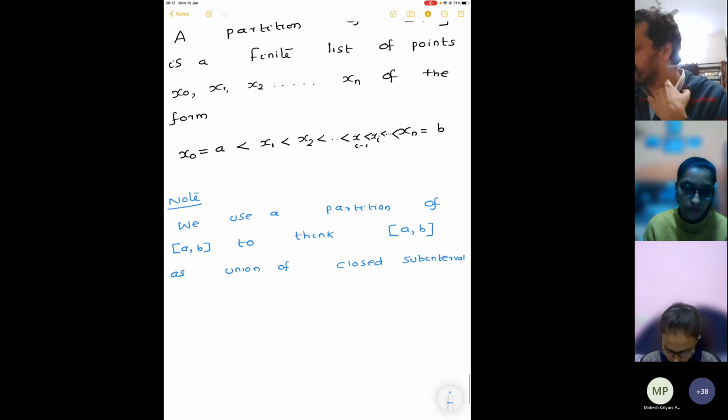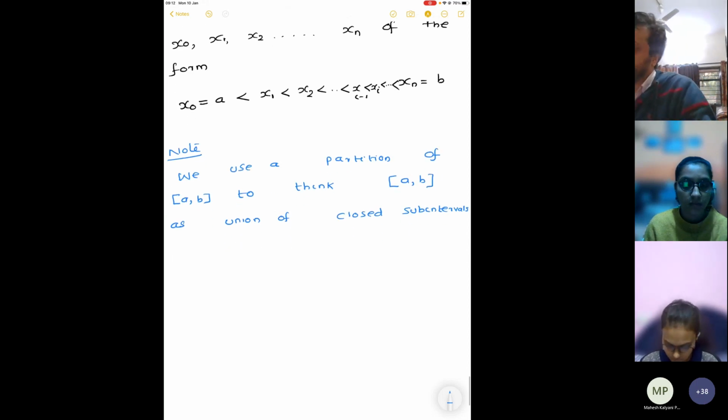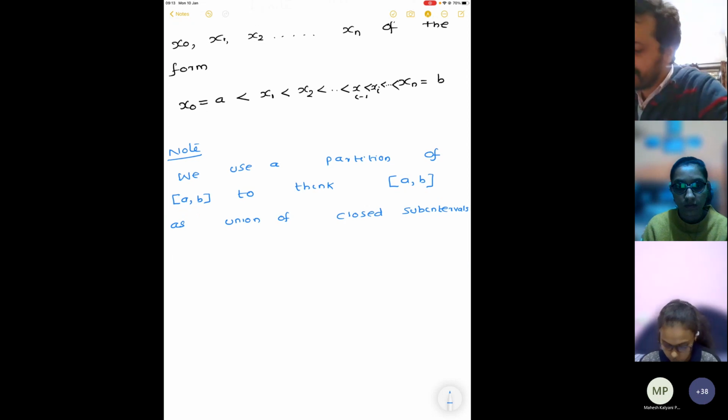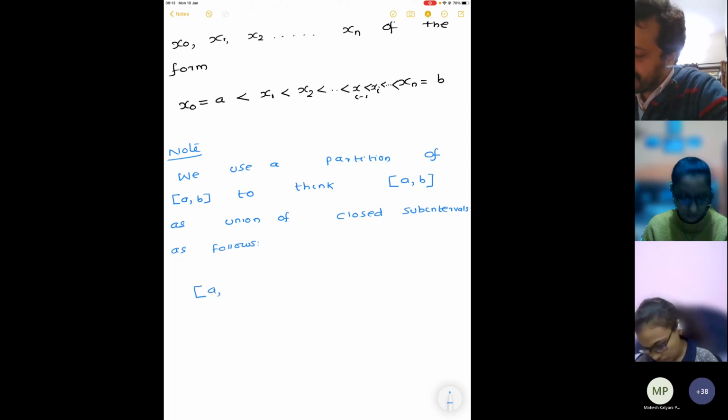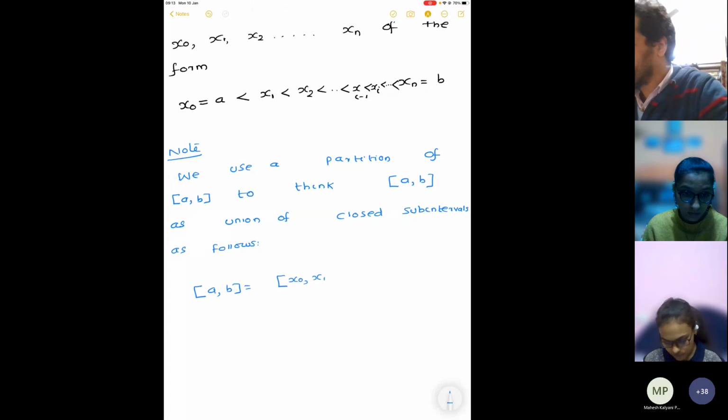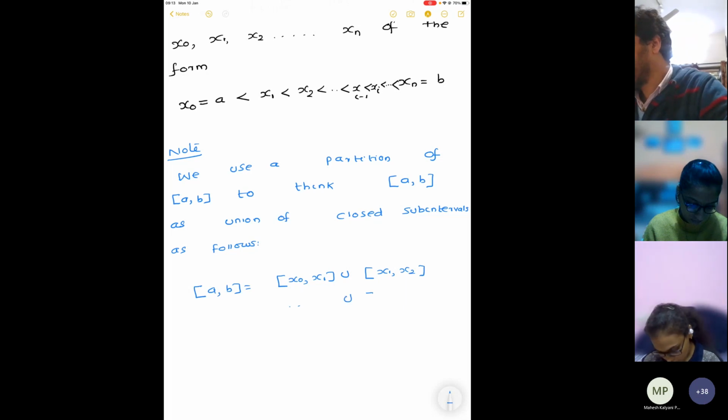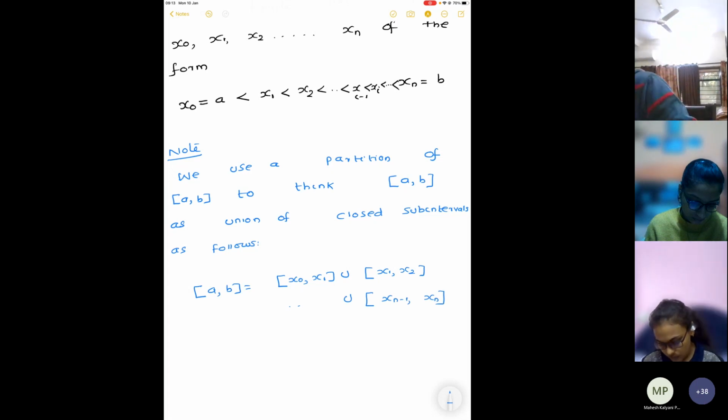The total bundle of nodes you want to treat as a union of sub-bundles. AB is equal to x0 x1 union x1 x2 union, and so on, union xn minus 1 xn. This is trivial once you have a partition.